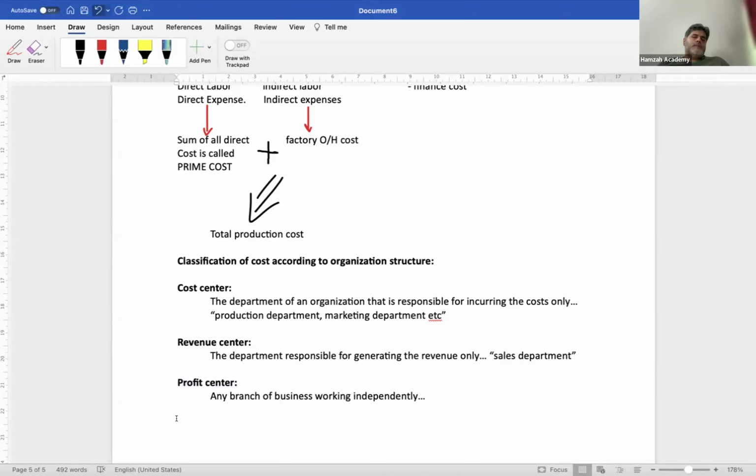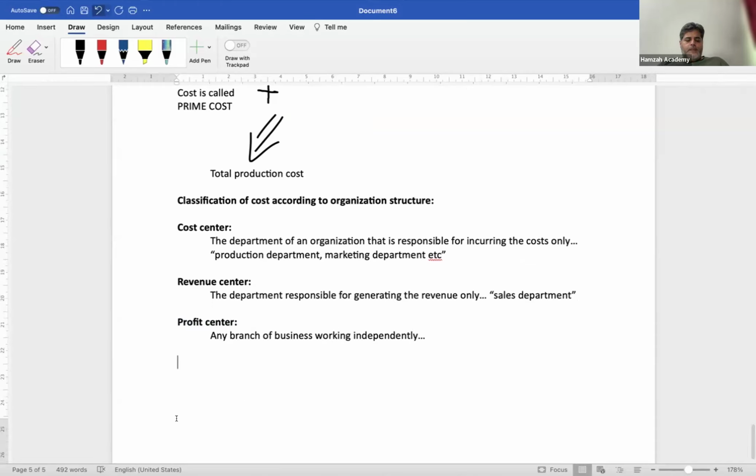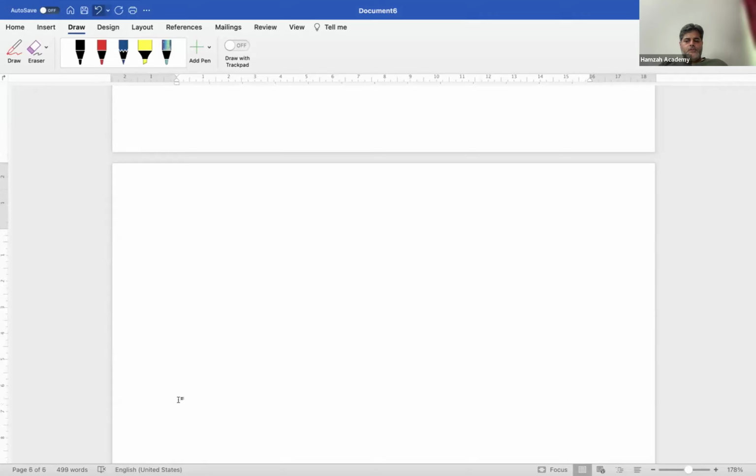So the different branches or different outlets that you have in the business are the ones which you normally classify here. And then we have the investment center as well, and this is the business as a whole. That is called an investment center, right? So this is what we have.